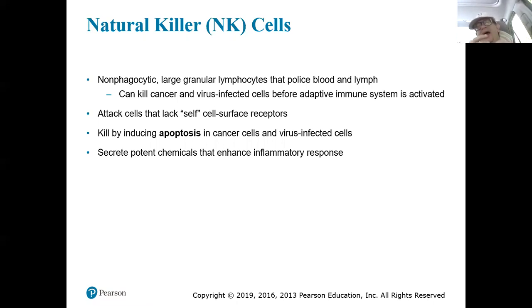And the reason why is as your cell mutates into the bad form or gets infected by the virus and then becomes the bad thing, it may stop making some of its own proteins. And if that happens, then the natural killer cell's like, oh, that needs to die. And they'll signal your cell to do apoptosis, to kill itself.